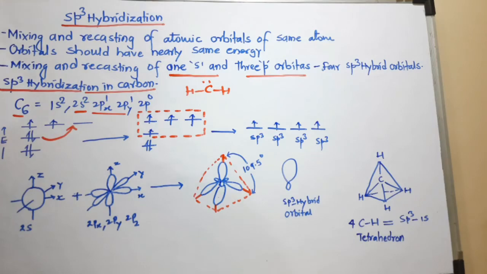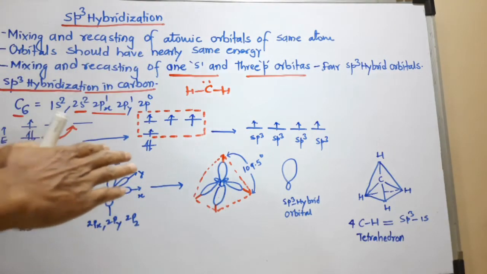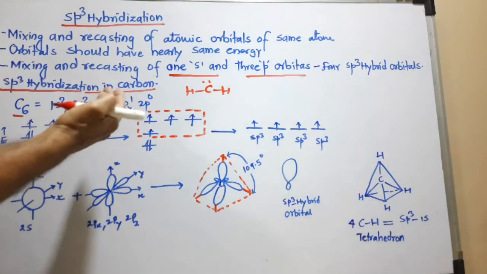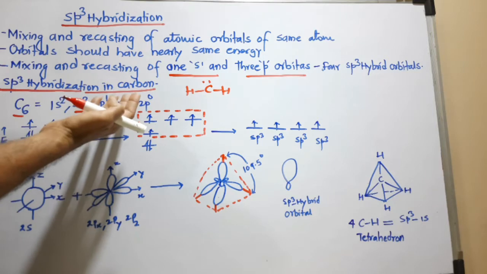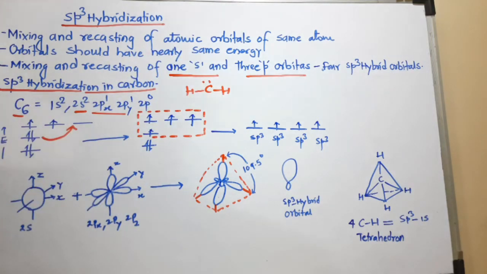We can't even isolate it. And one more thing, carbon forms 4 bonds. If there are 2 unpaired electrons, we can't explain how 4 bonds are formed. So the hybridization concept is now considered to explain why carbon has a valency of 4.